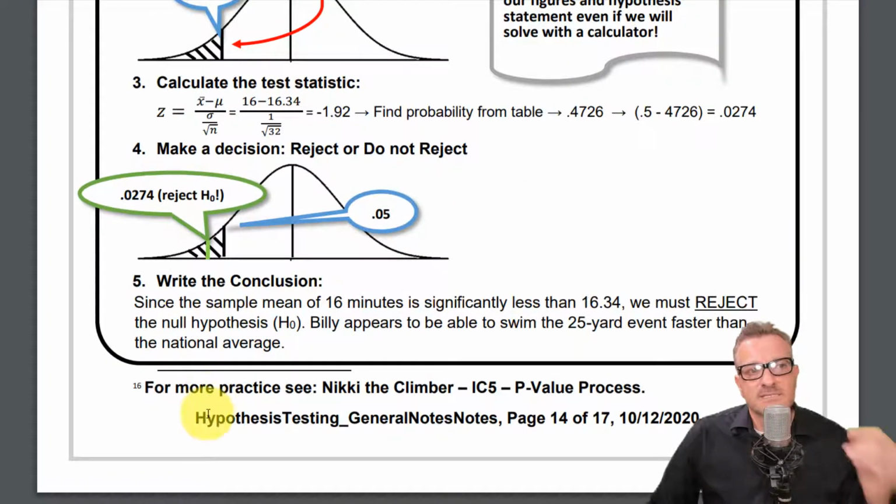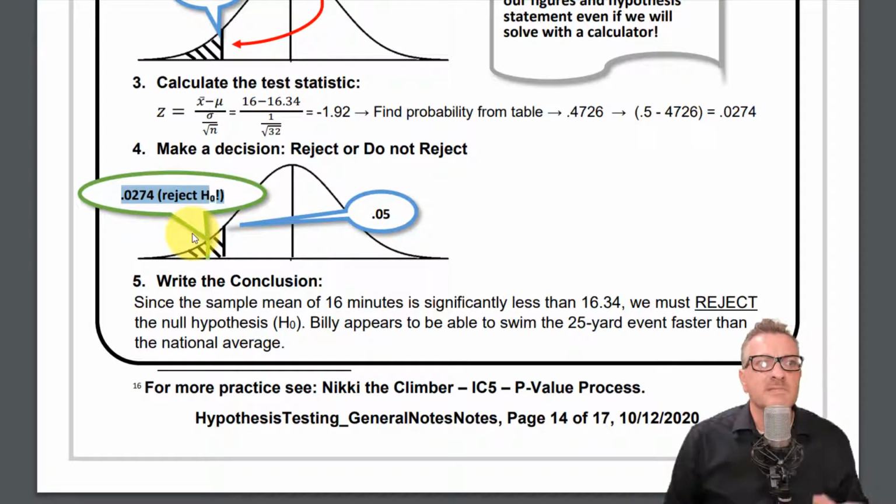So in this case, it's the same scenario. We reject it, saying that he appears to be faster. We reject it from our p-value calculation, which is, okay, we accepted that we could be wrong 5% of the time, and in this case, our calculation came up with 2.74%.